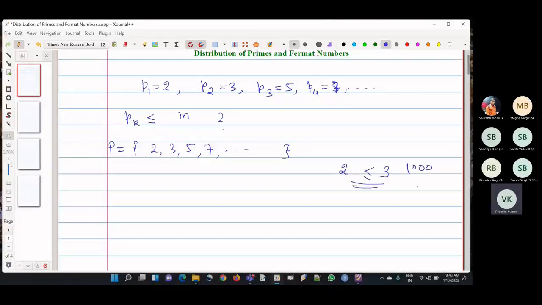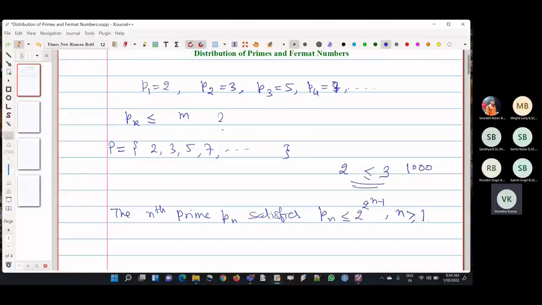So the next result is that the nth prime, let us denote it by Pn, satisfies Pn is less than or equal to 2 to the power 2 to the power n minus 1, for n greater than or equal to 1.